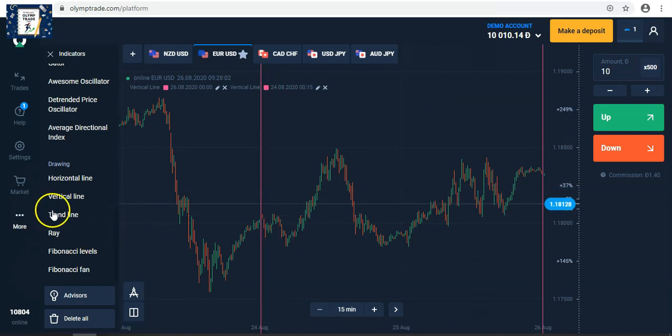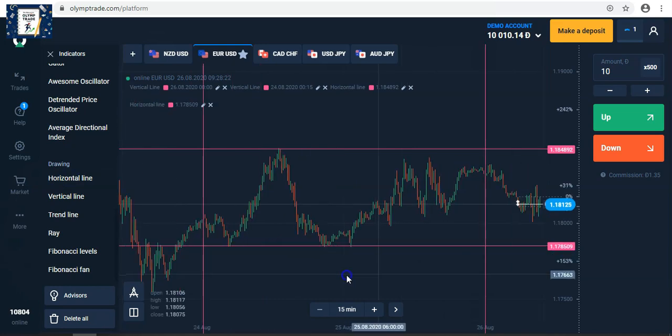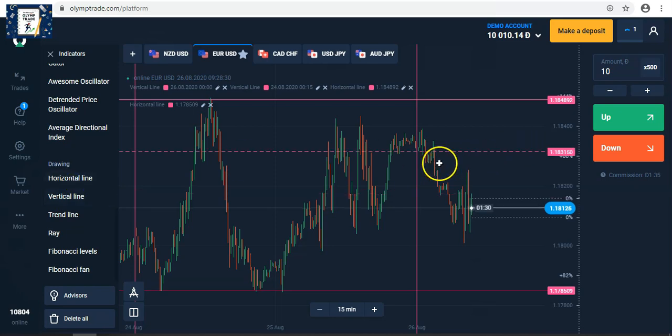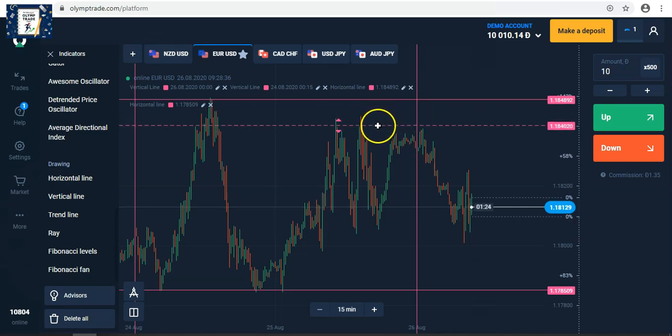And now we can also put the horizontal line at the current high of the week, which is here since Monday, and we can also put a horizontal line at the current low of the week. And now we have some frames of reference, and we can also put another horizontal line at the high of the day and the previous day, which is around this area.